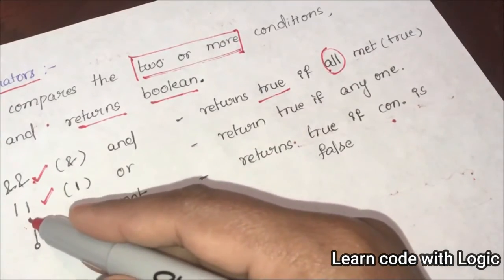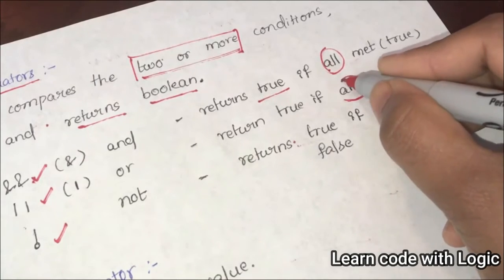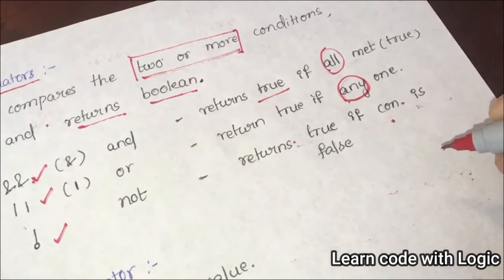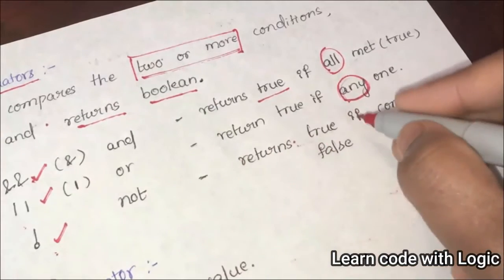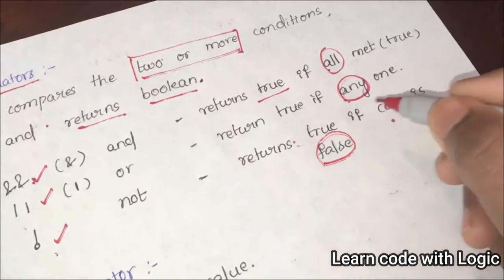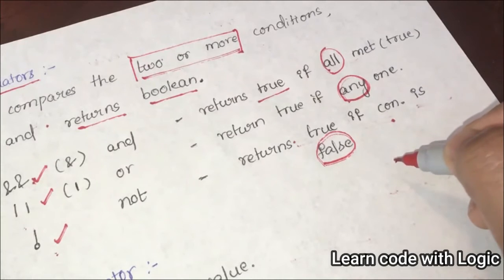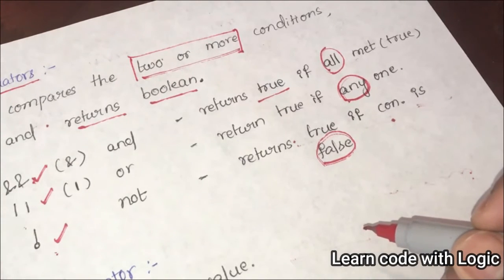Or, this is the symbol for or, returns true if any one condition among them is true. And the next one is not. It returns true if the statement is false. It also returns false if the statement is true. This one is very useful if you want to do more comparisons.